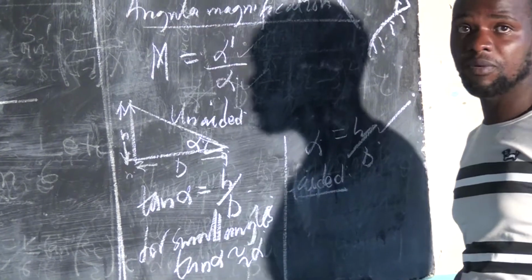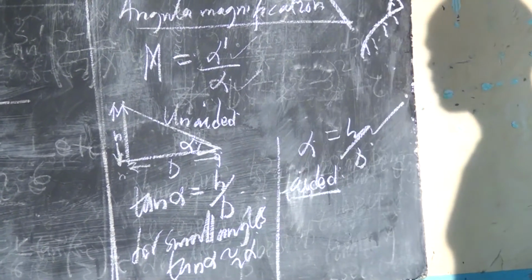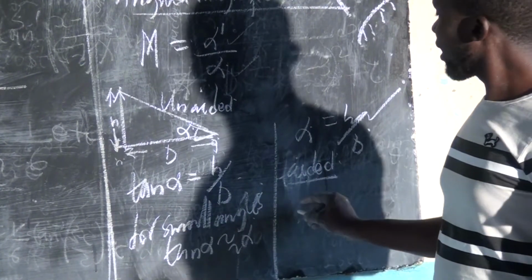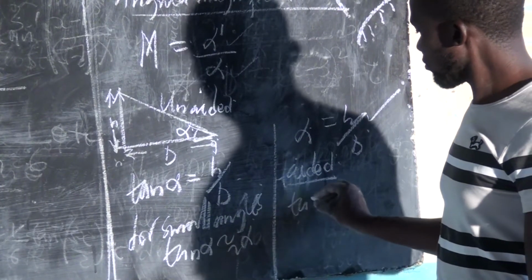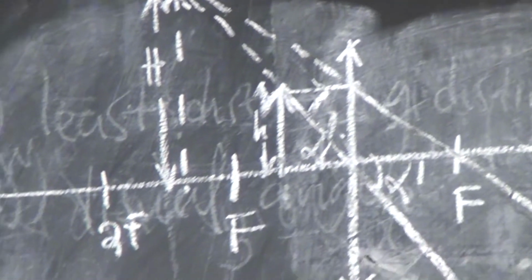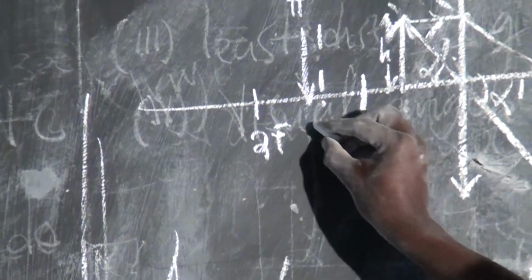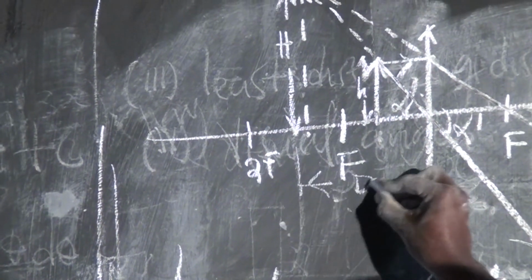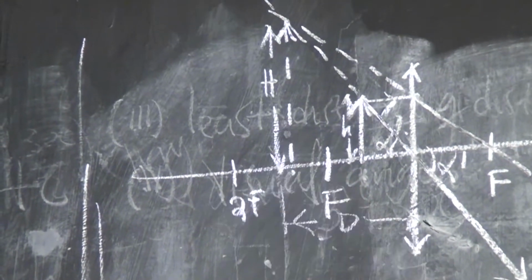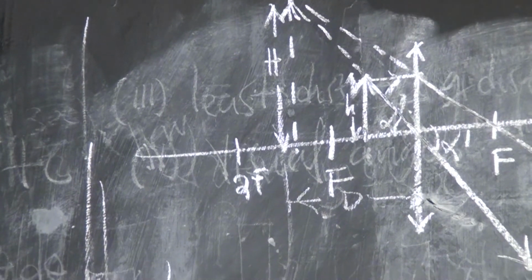The microscope now becomes the instrument. I'm using the aided eye. What happens is that I have a tan of alpha prime. This tan of alpha prime becomes H over which distance, from here to here? That distance is also D, because this other image is seen with all its details.